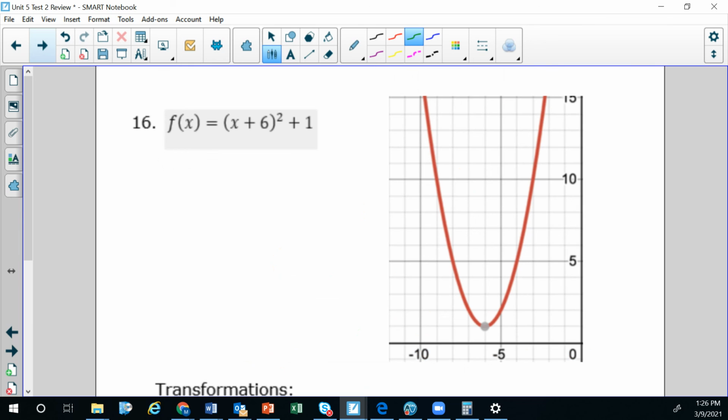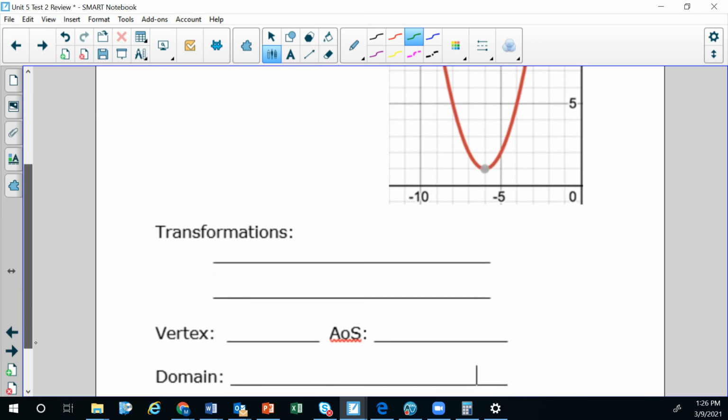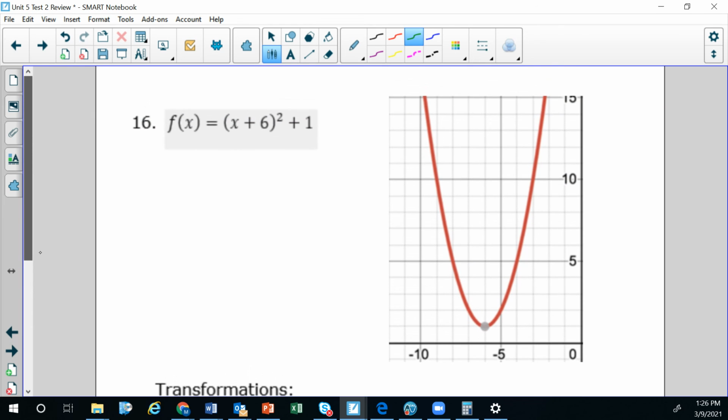Next question is transformation. The graph, this is the origin. So it went over 1, 2, 3, 4, 5, 6 units. Shift 6 units to the left and up 1, right?